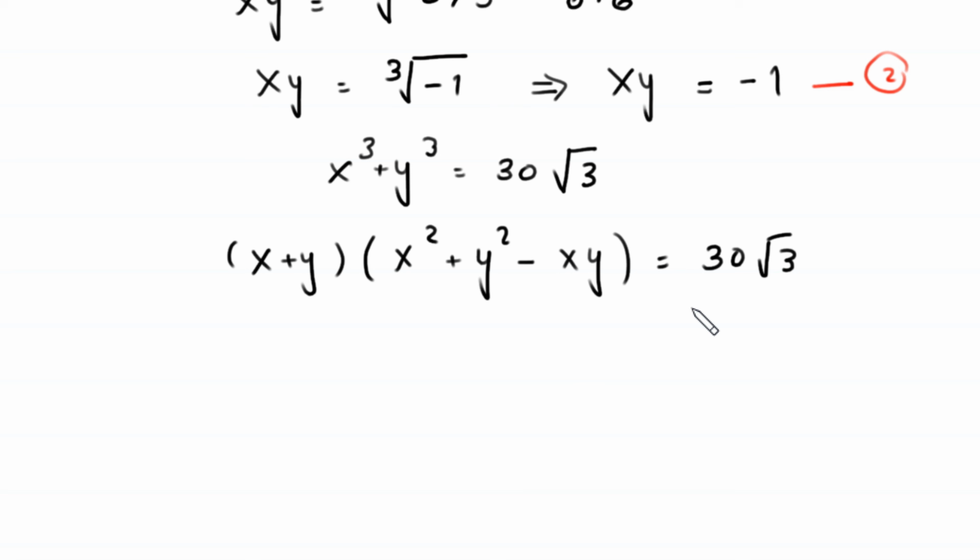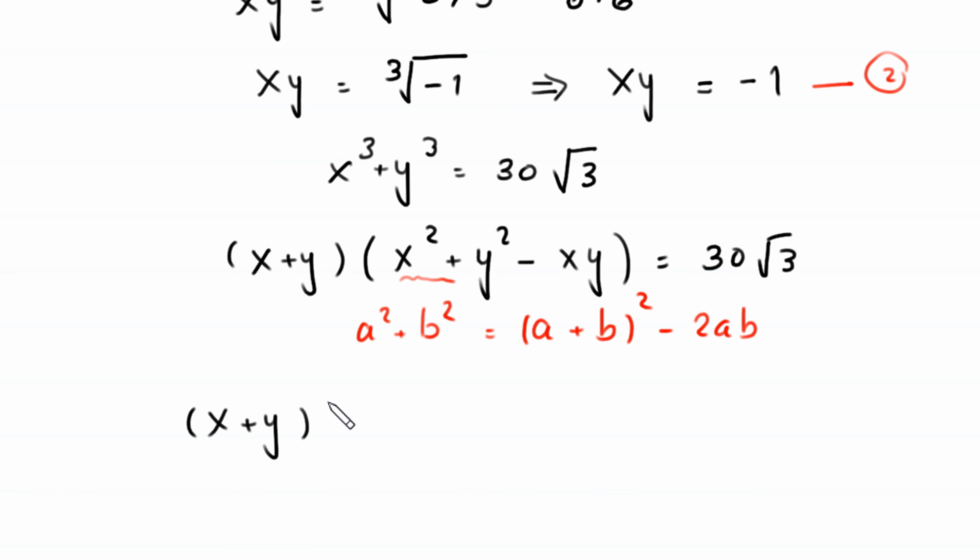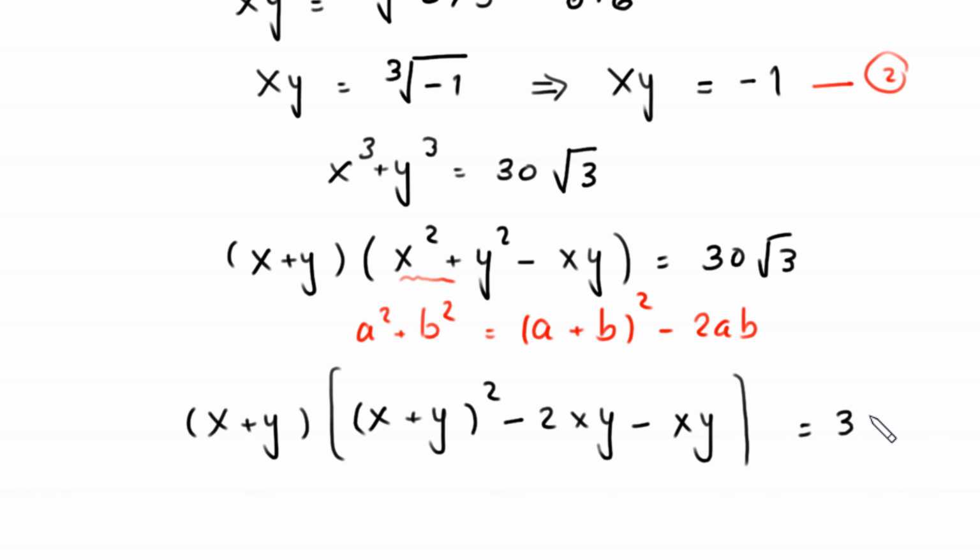By using this algebraic identity, a squared plus b squared is equal to a plus b whole squared minus 2ab, this expression x squared plus y squared will become x plus y whole squared minus 2xy. So we have x plus y times x plus y whole squared minus 2xy minus xy equal to 30 times root 3.